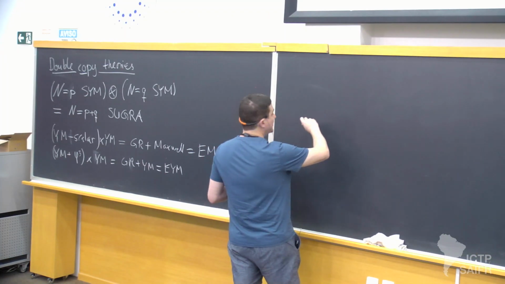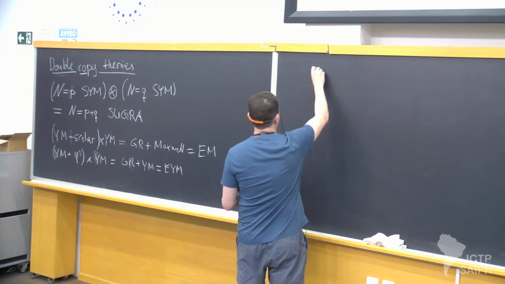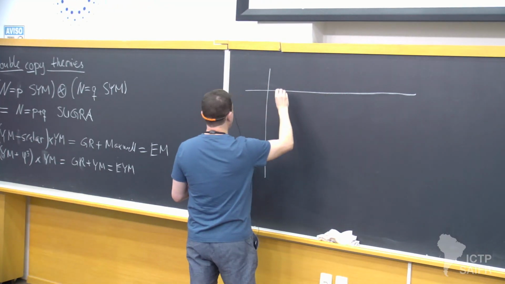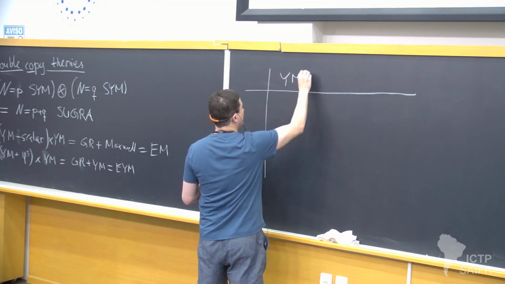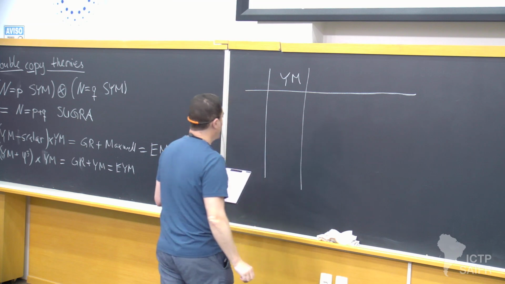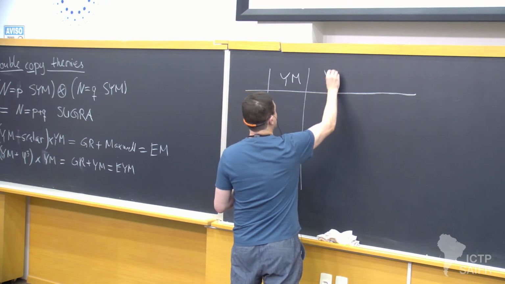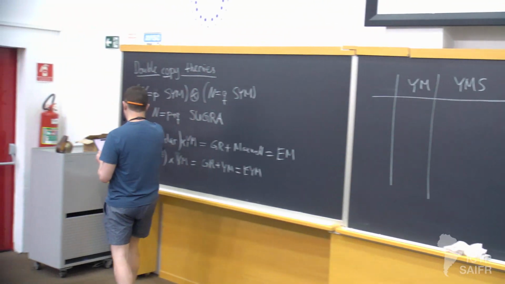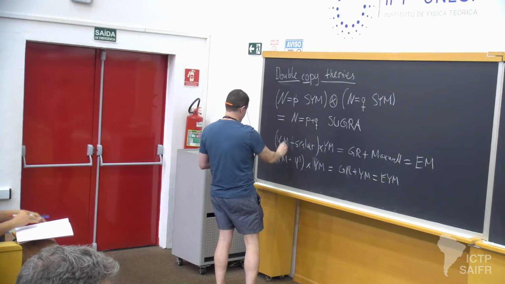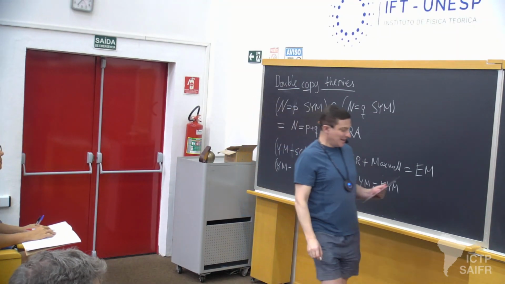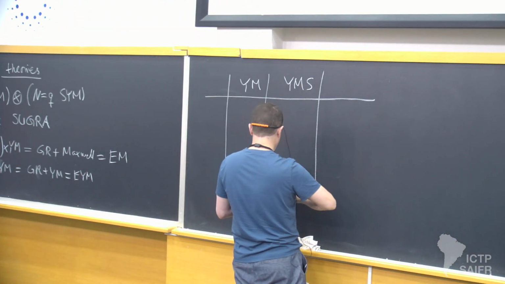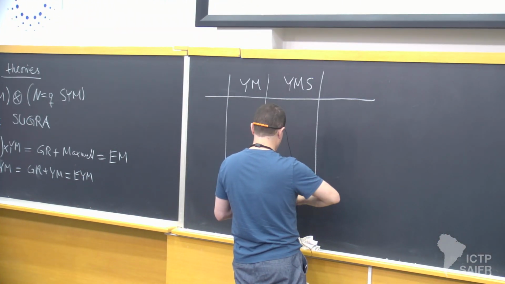Then people like to make this multiplication table, so let me do that. If we have Yang-Mills on this column here, we have Yang-Mills scalar. Either of them is Yang-Mills scalar, I guess. And then, let's see where they go.